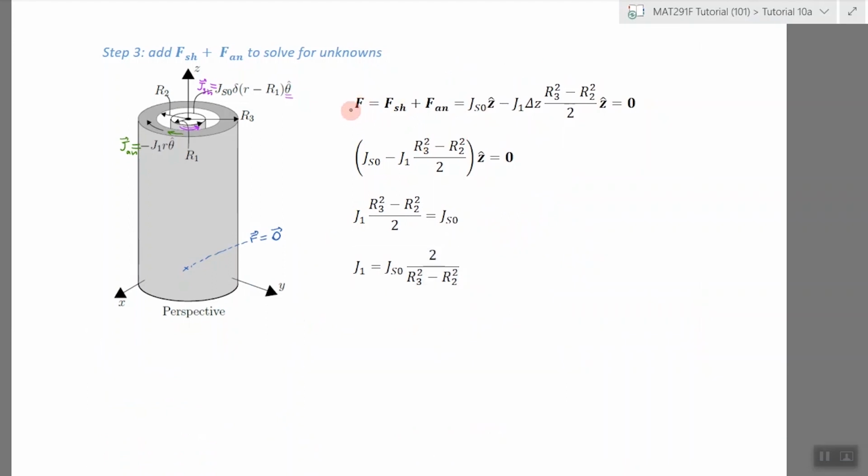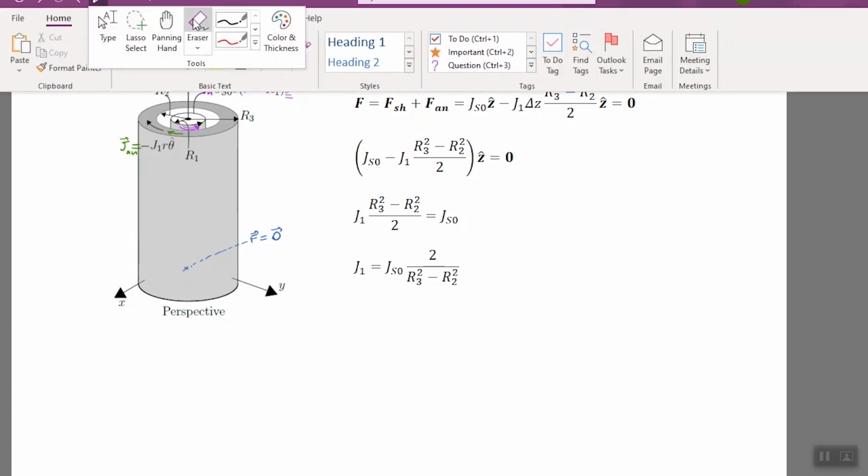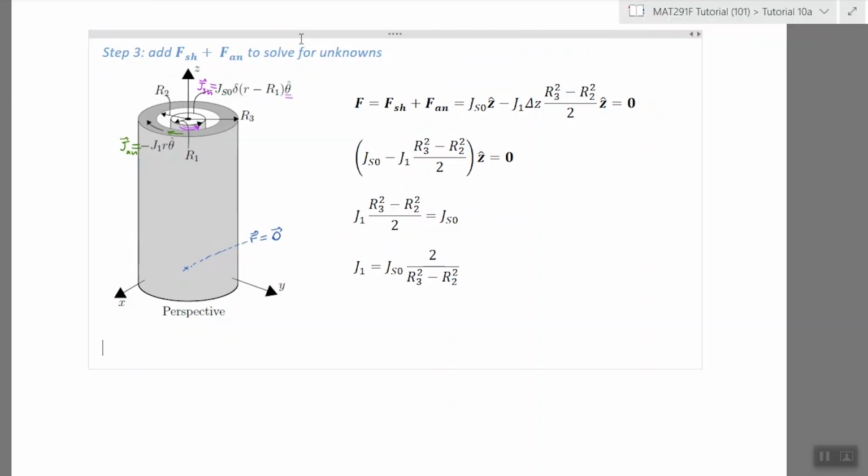So we have the total field. This is not just anywhere. This is at 0, 0, 0. Actually, let me use blue so I'm consistent in terms of colors. At 0, 0, 0, the field is the field from the sheet plus the field from the annulus, which is equal to this guy we found in the first part.